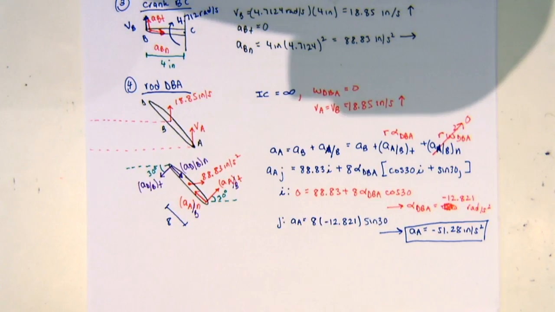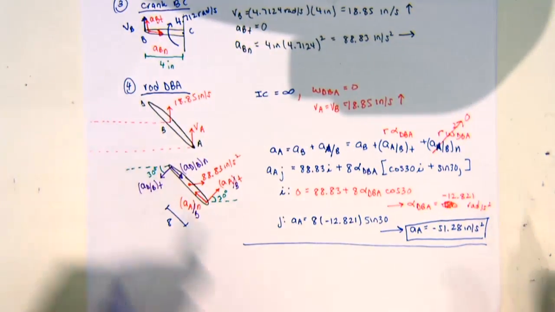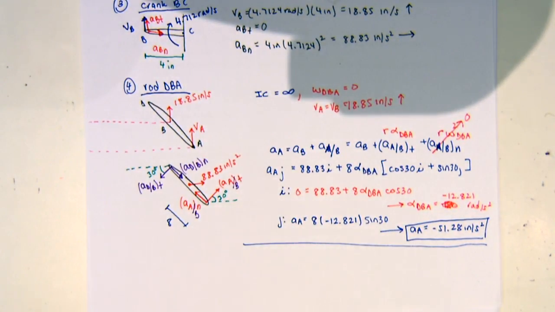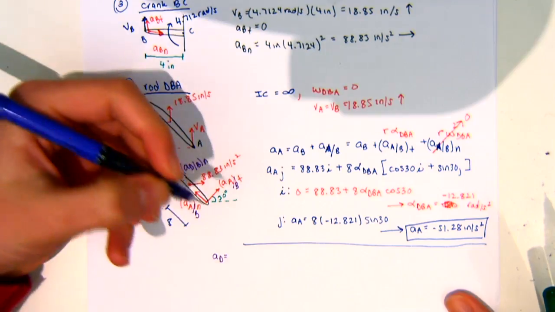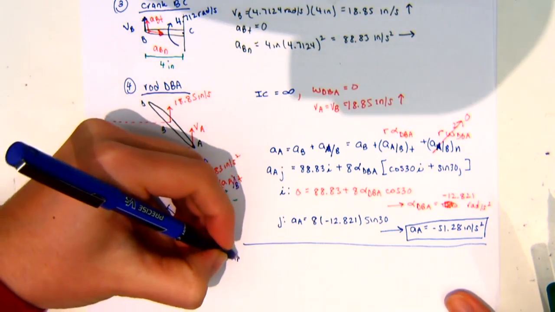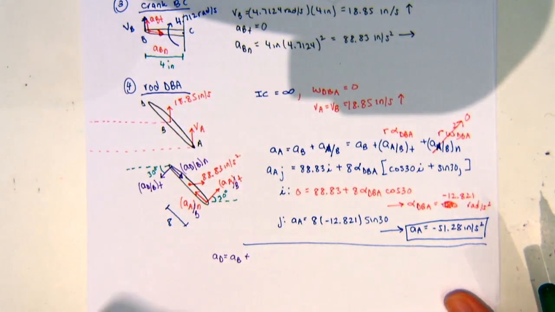So now for D, it's going to be the same exact process. Looking back at my diagram, I'm going to switch to the purple pen. I can say that acceleration of D is equal to acceleration of B, and again, it's just the tangential and normal components.